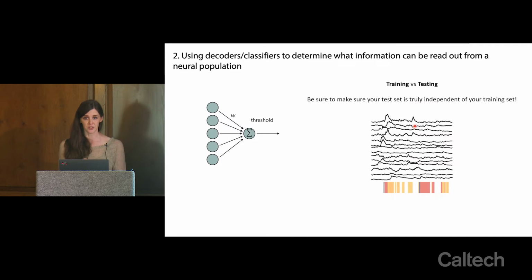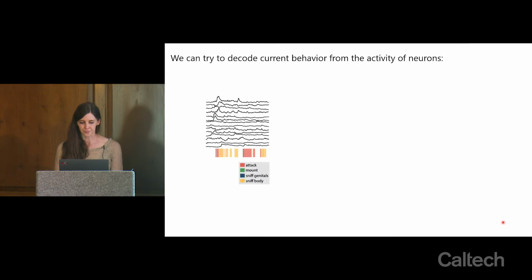So if you randomly assign data points to training and test, and say you did like a 90-10 split, 98% of the points in your test set are going to have an immediate neighbor that's in the training set. And so basically it's not a real independent observation of performance. So just a note when you're training decoders to always evaluate them ideally on a different trial or a different animal, if that's something that's feasible, but at least a different chunk of time.